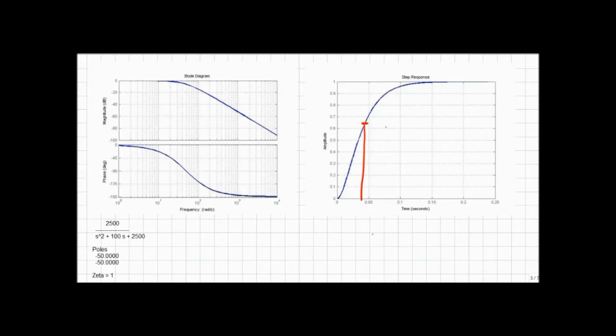That's not really where the poles are at. Yeah, 1 over 50 is 0.02. So if each pole has a time constant, that's somewhere down here, not up there. So we have to be careful that we don't try to model this as a first order system with twice the time constant.